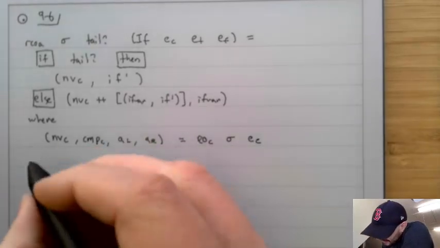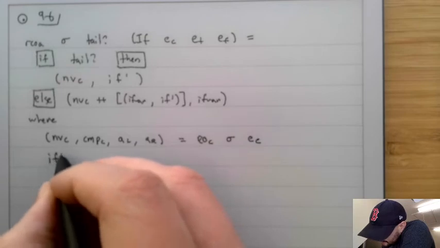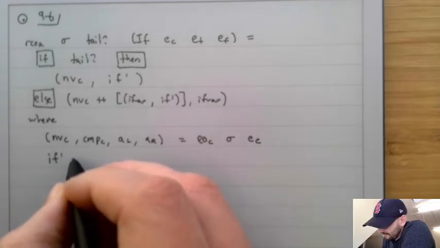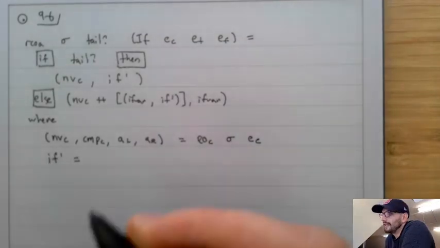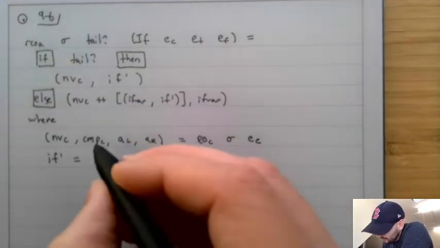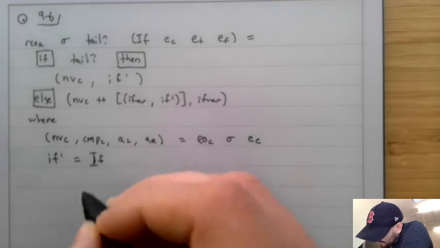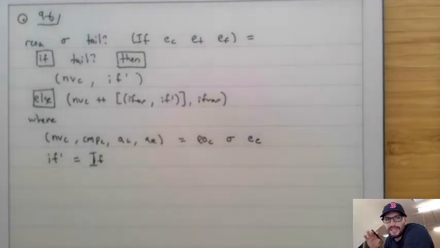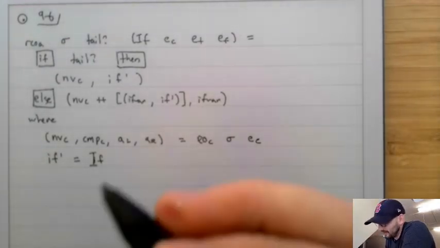Now, what is if prime? If prime is equal to an if statement, and this is an if statement like the if in our language. So I'm going to write it as a capital If to make it clear that it's like the data structure in our language.